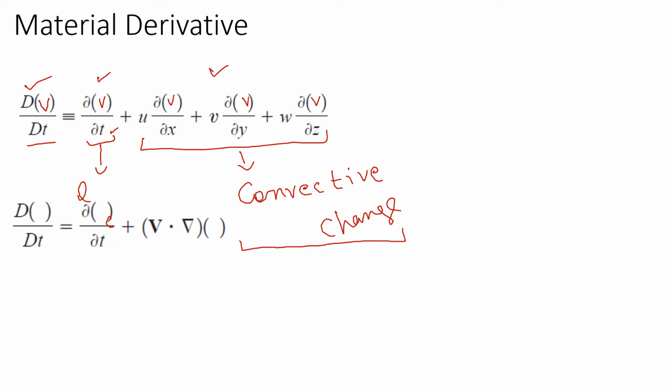There are some important operators. Here you can see that this is the total change, that's why it is represented with the capital D, and this is the partial change.